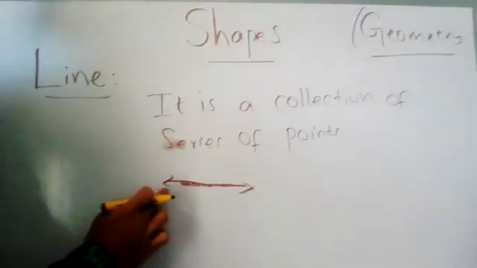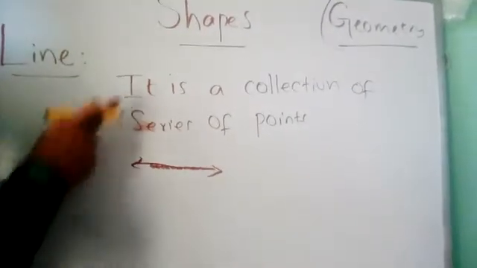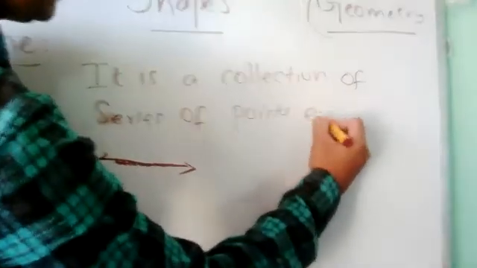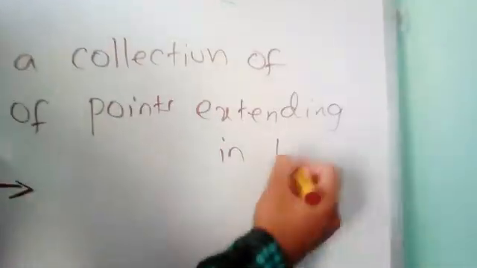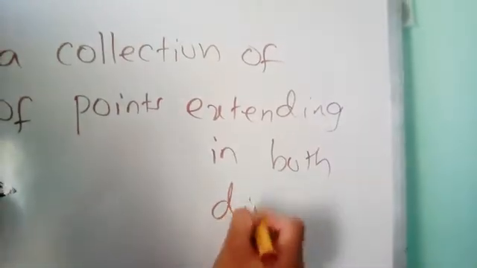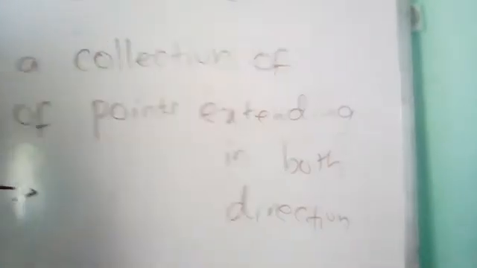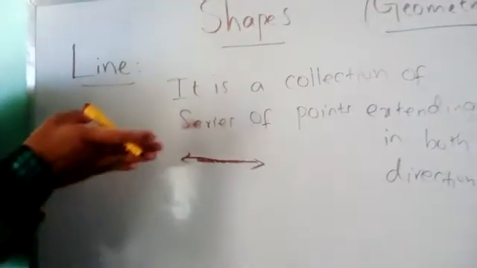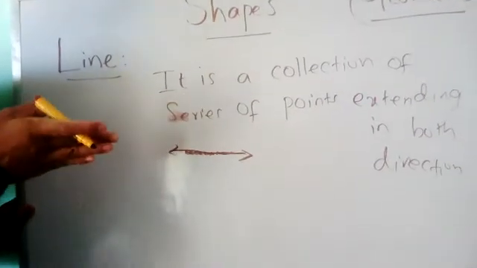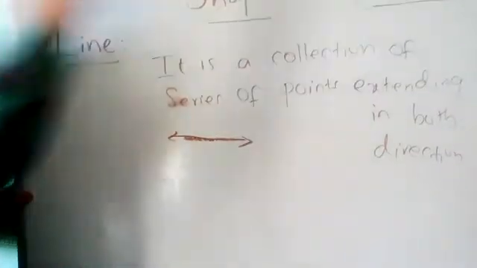A line will extend in both directions. It is a collection of a series of points extending in both directions. Both directions means we have only two directions, because it is moving in a linear manner. Linear means in a series manner. For example, when you are moving on a road, you have only two directions, forward and backward.